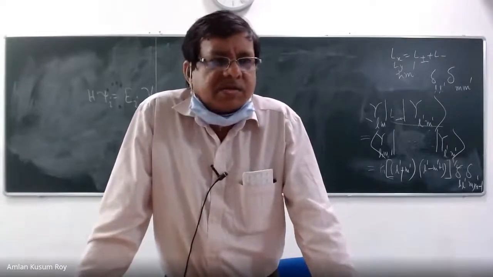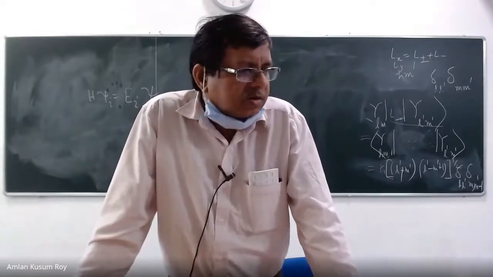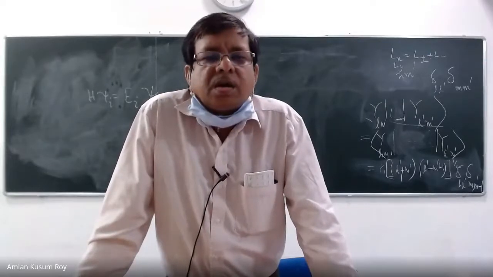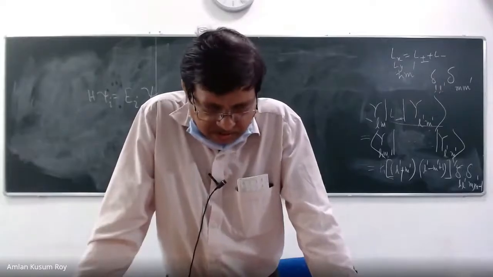Adrija, is it clear? Yes, it is clear. Can you tell me how it is clear? You said that we have to find the basis where the Hamiltonian is a diagonal matrix.